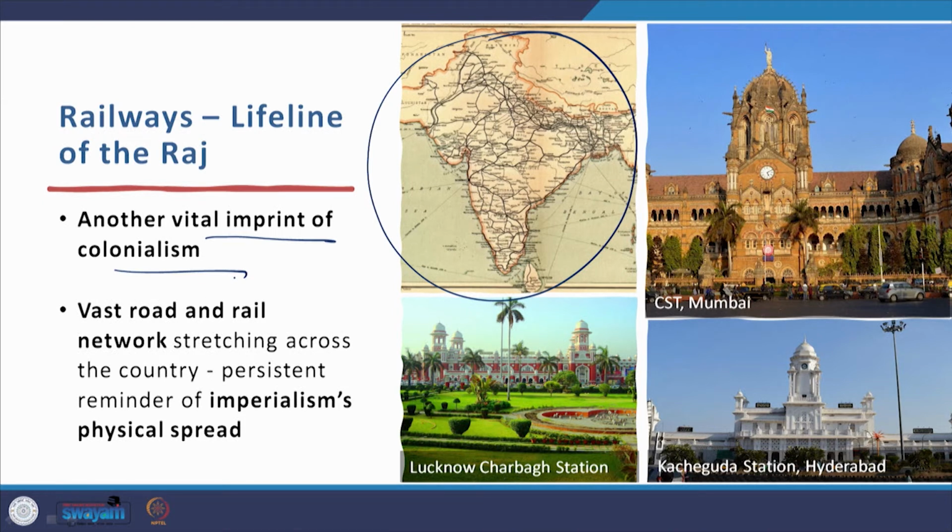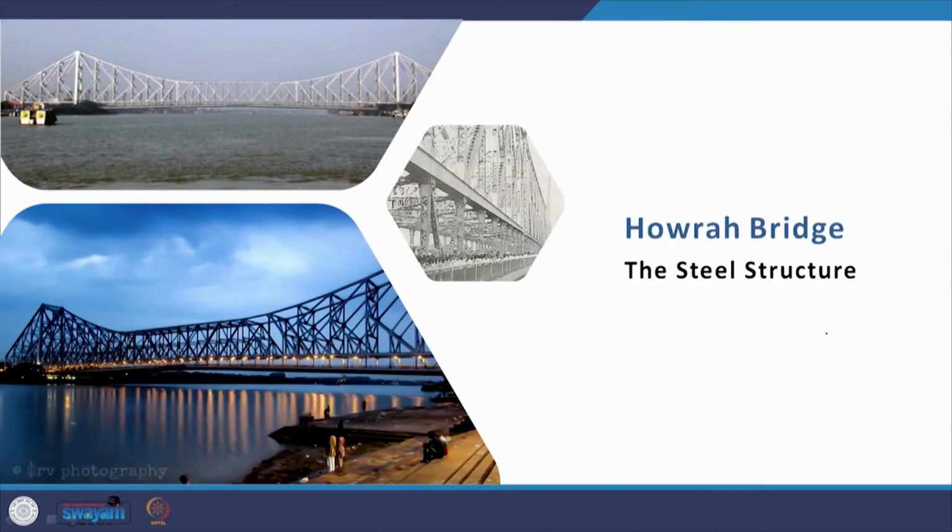A vast road and rail network stretching across the country, which is a persistent reminder of imperialism's physical spread in India. So, for example, these stations all over the country: the Chhatrapati Shivaji terminus in Mumbai, the Lucknow Charbagh station, or the Kachiguda station in Hyderabad, or the Howrah bridge.